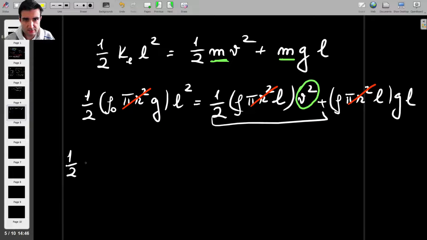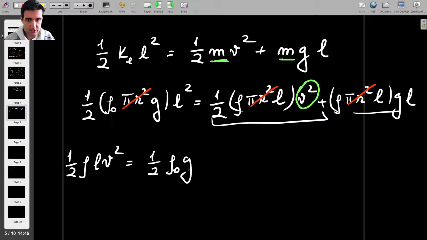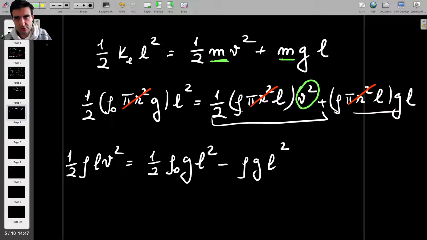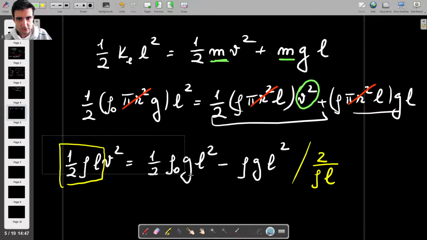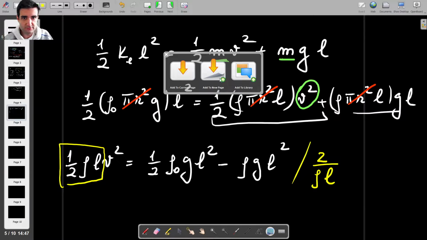So we have 1/2 rho L v squared is equal to, I'll move this to the other side, 1/2 rho 0 gL squared minus rho gL squared. We're trying to get rid of this part, so I'm going to multiply everything by 2 over rho L, just to get rid of that coefficient of v squared.